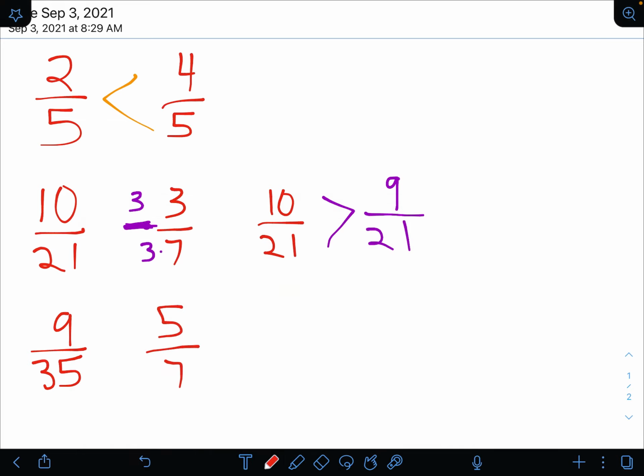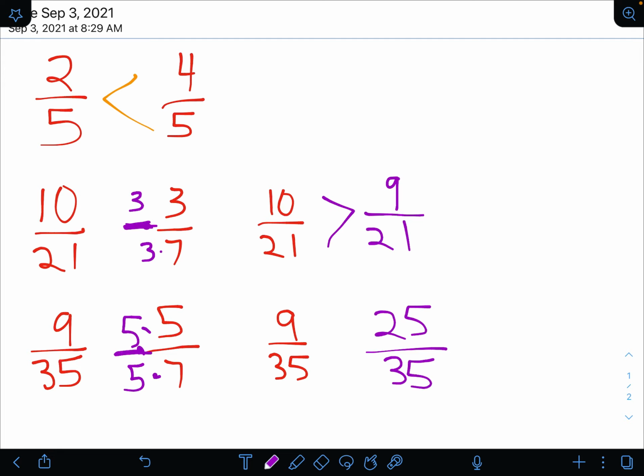So let's rewrite this. We have 9/35, and we need to multiply 7 by 5 to get 35. So we've got to multiply the top by 5. So then what we have is 5 times 5 is 25, 5 times 7 is 35. Oh, well, that's a lot easier than it looks. That's bigger.